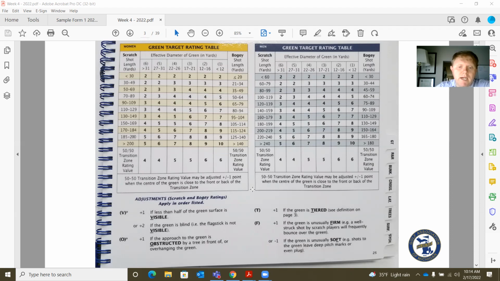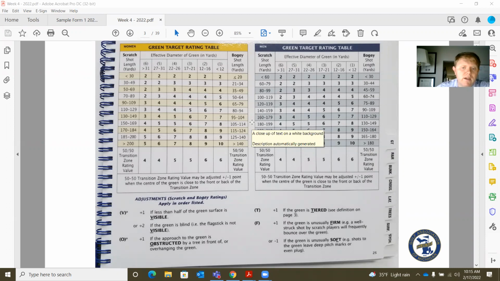Another common time where you might put in an F adjustment is on a newer course, or a course with greens that have been recently rebuilt. They typically take some time to soften up. So for a new course, or a newly renovated course with greens, we rate those on a more frequent basis, every 5 years.